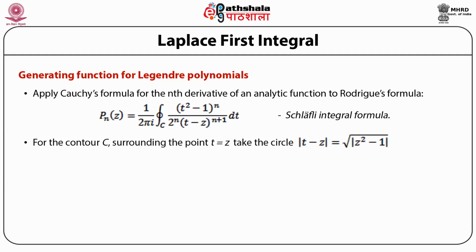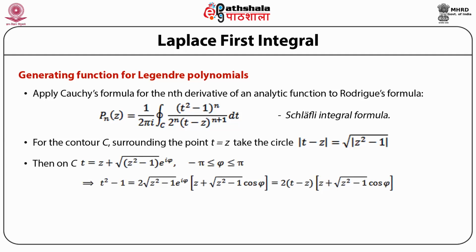For the contour C, let us take the circle modulus of t minus z equal to square root of modulus z^2 minus 1. Then, on the contour C, t will be equal to z plus the square root of z^2 minus 1 multiplied by e^(i phi), where phi varies from minus pi to pi.